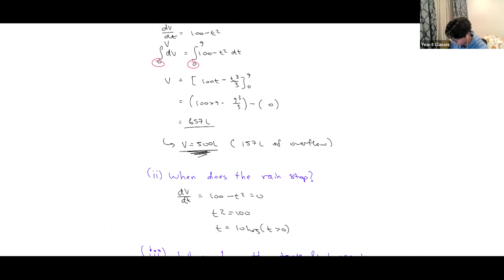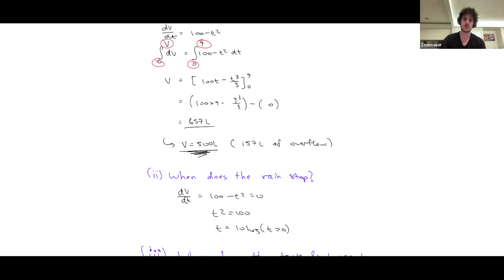And then we also know that we're looking for 9 hours. That's our target time to find what our volume is. It's a bit cheese, but you can just say our volume is V, and that's what we're solving for. So you can pseudo put in bounds.